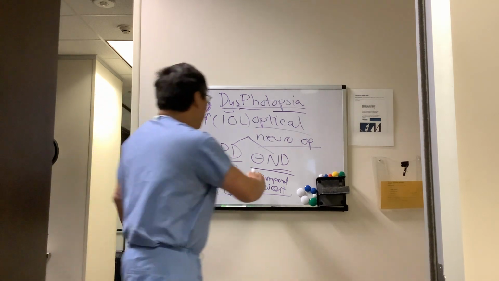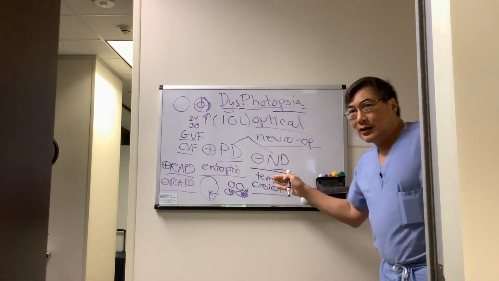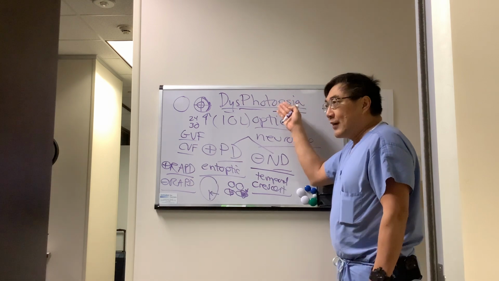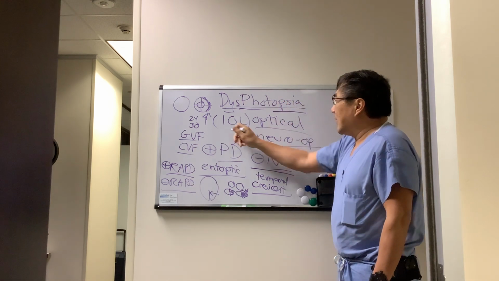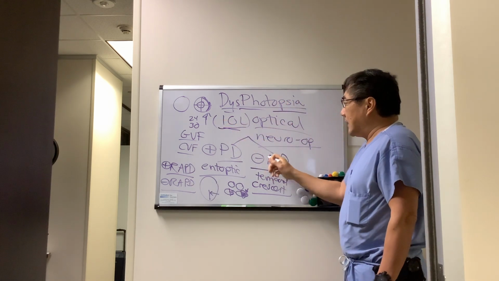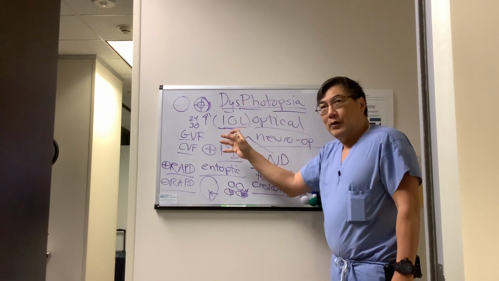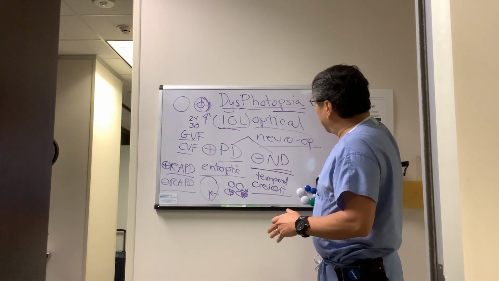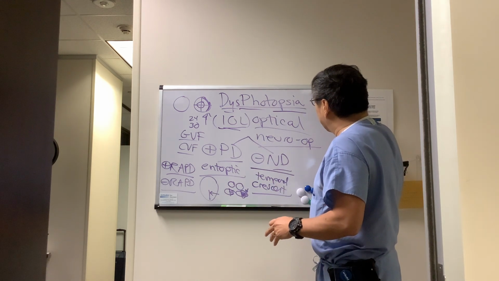So once you've made sure that it's not the monocular temporal crescent, that there's no RAPD, and that it occurred after cataract extraction, then you can make the diagnosis of the negative dysphotopsia from the IOL. And there's a number of theories about why this could occur. First, based on, number one, the design of the lens.